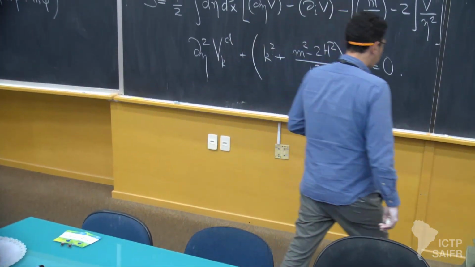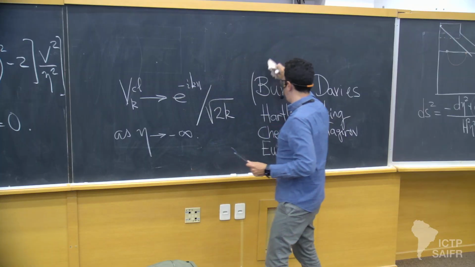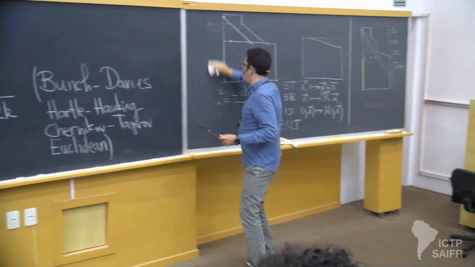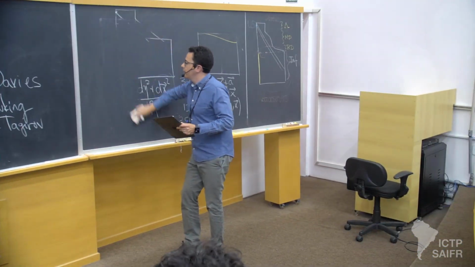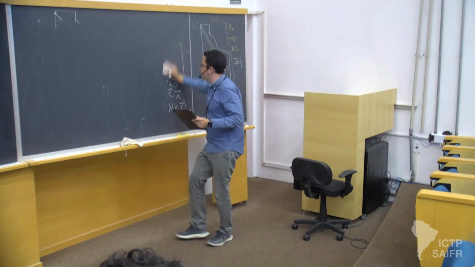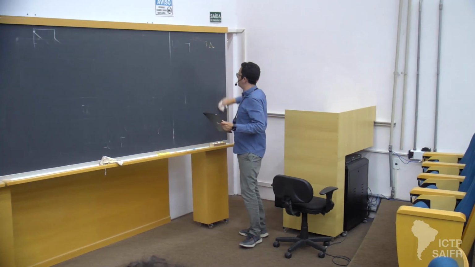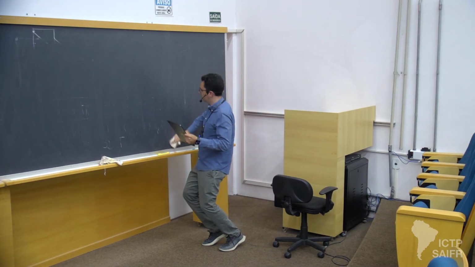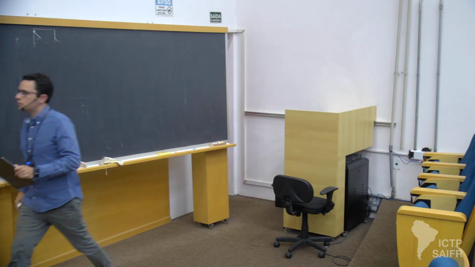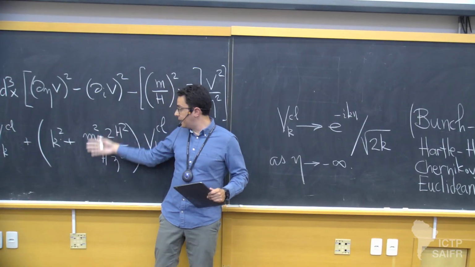Okay? When does the qualitative behavior of a quantum field change in dS? So if I go to very late times, remember, at very early times, this gets washed out.